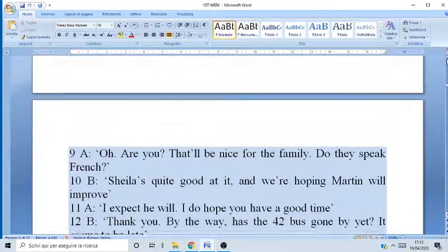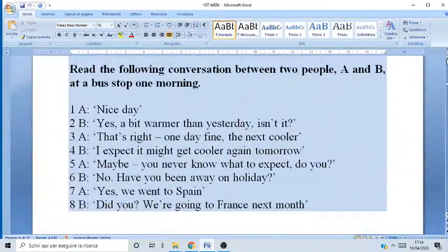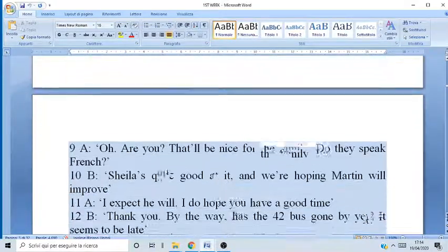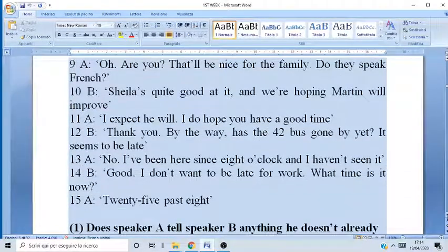I'll scroll up so that you can see the first part of the text. Okay. Apologize for the background noise.